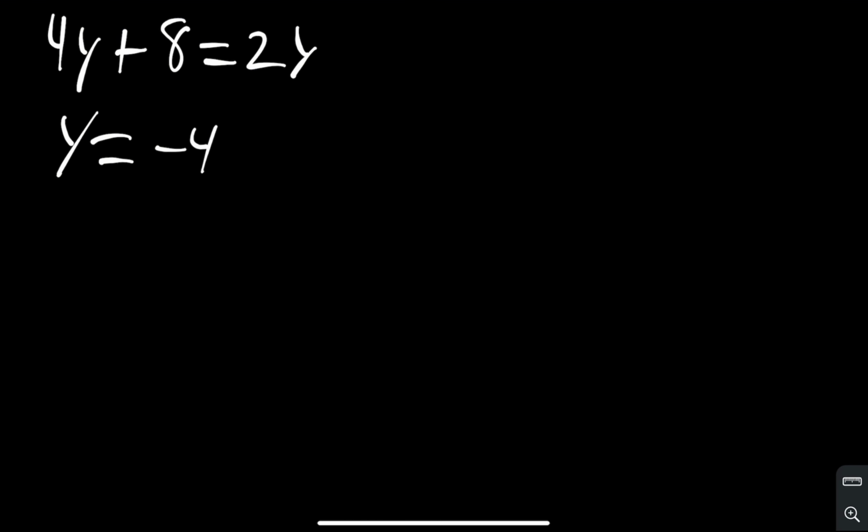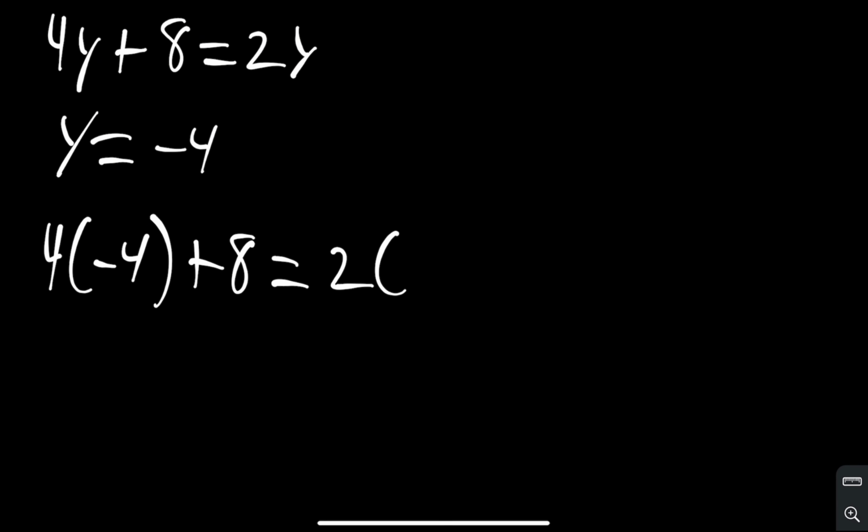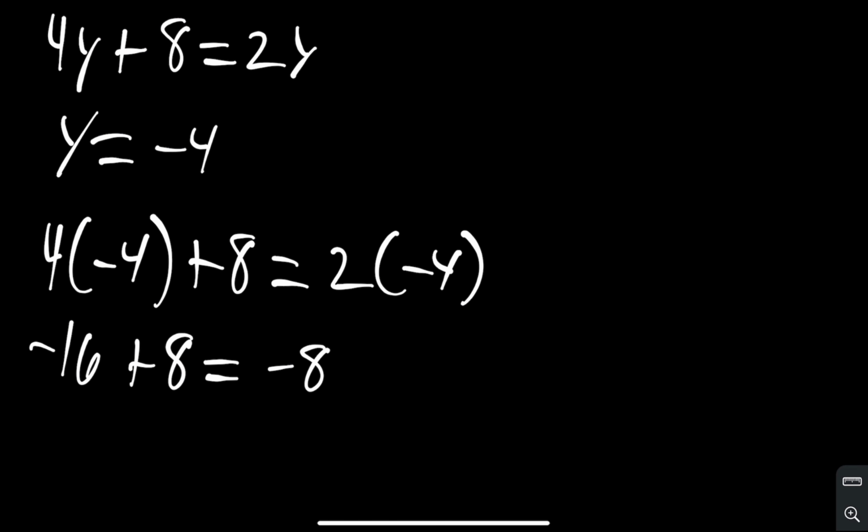To see if we did the algebra right, we can substitute negative 4, our answer, for every y. When we do that, we get 4 times negative 4, plus 8 equals 2 times negative 4. If the algebra is done correctly, the equation should be true. 4 times negative 4 is negative 16, plus 8, equals 2 times negative 4, which is negative 8.